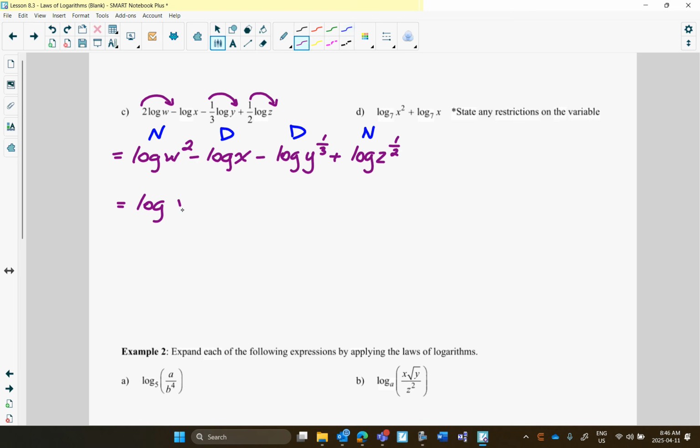So to write it as a single log, it's going to be W squared times the other one in the numerator, Z to the 1/2, divided by the ones in the denominator. I've got X times Y to the 1/3. And you've written it as a single log.